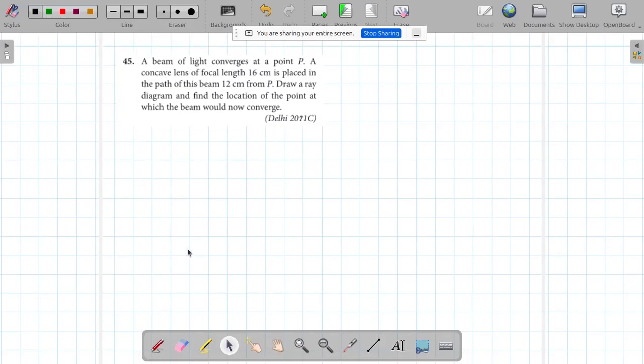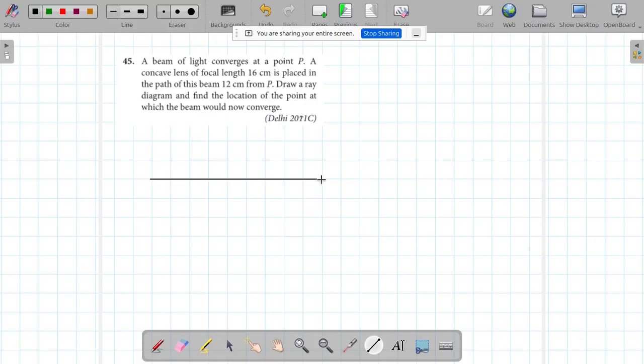The beam of light converges at point P. A concave lens of focal length 16 cm is placed in the path of this beam 12 cm from P. Draw a ray diagram and find the location of the point at which the beam would converge. Okay, for this case, they asked us to draw the diagram also.